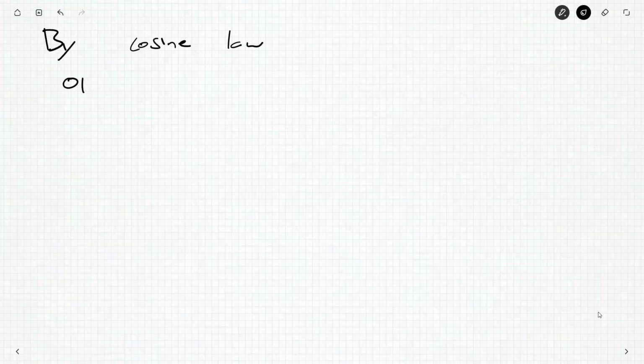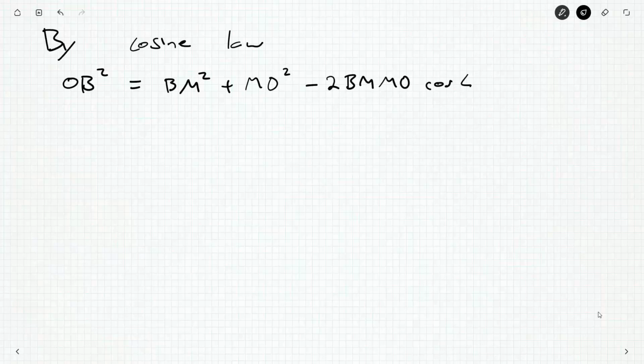Okay, so by cosine law, OB squared is BM squared plus MO squared minus 2 BM MO cos, we'll just say angle BMO.